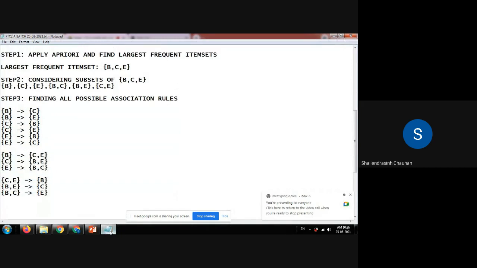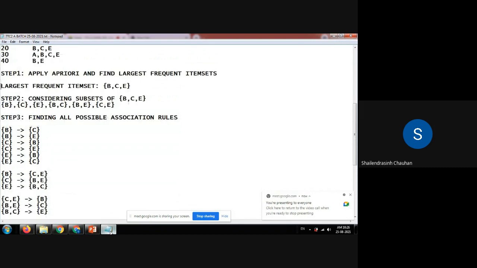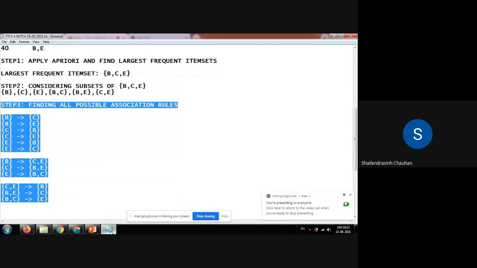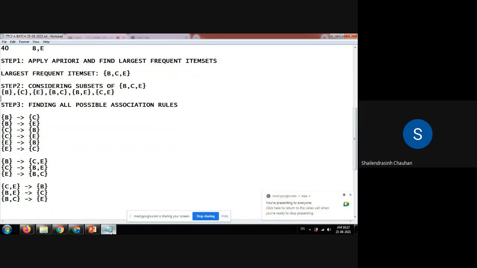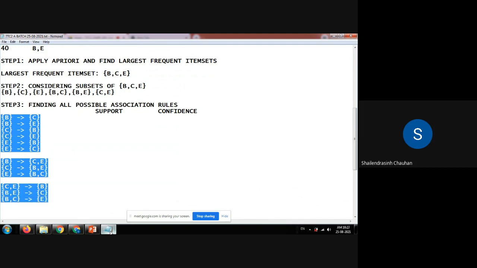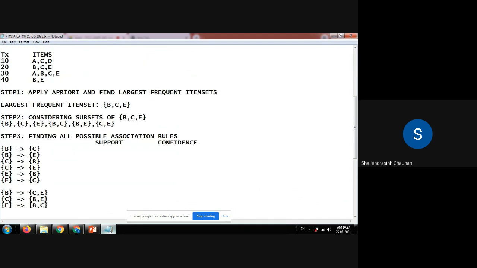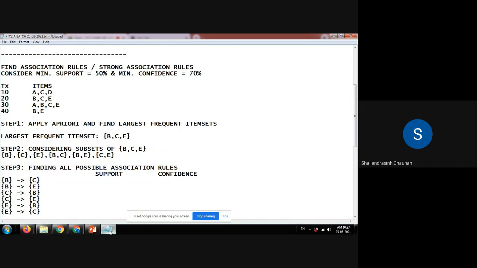If in the exam you are asked to find out association rules only, then this will be your final answer. If you are asked to find out strong association rules, then you need to find out support and confidence for all the rules, and you need to filter out the rules which are fulfilling the minimum support and minimum confidence criteria.